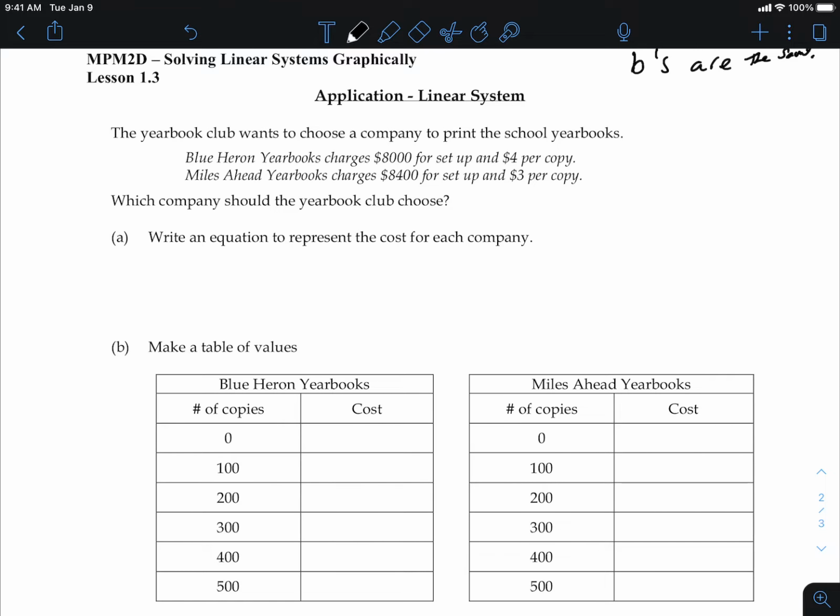Okay, so here's what we got. We got this company called Blue Heron. We got like the yearbook company, right? They print yearbooks and then you pay this much for this many sort of thing. Like what our first question was this morning. But you're going to have to come up with the equation to represent what's going on here.